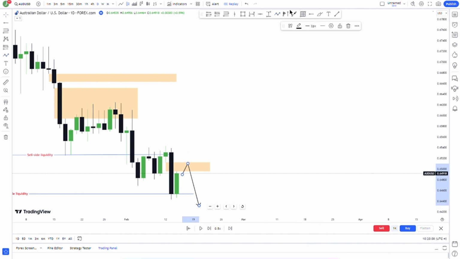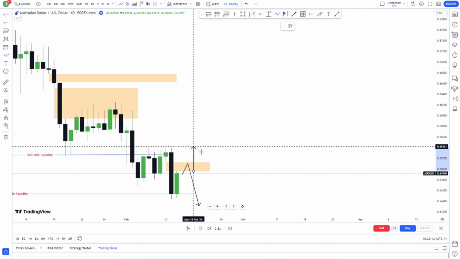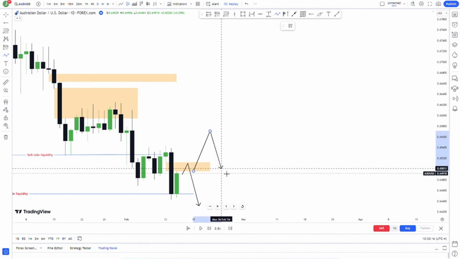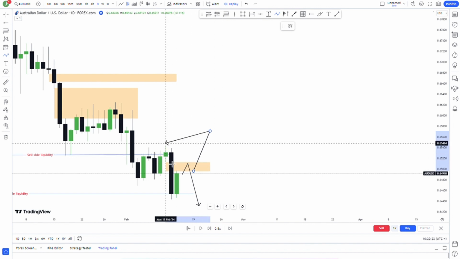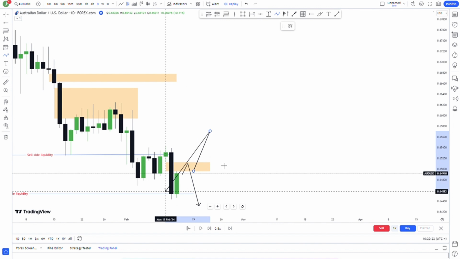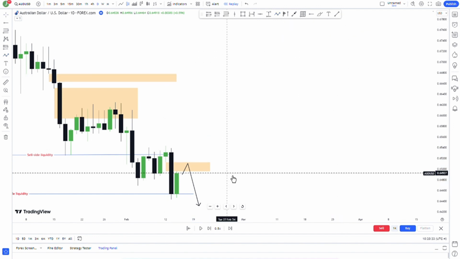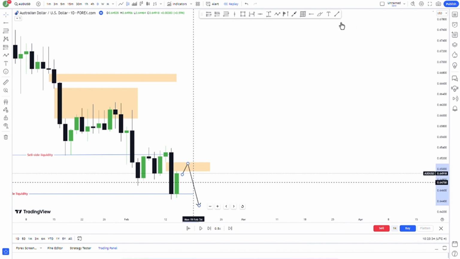Or if it doesn't sell, we would want to see the market break this previous high to then come and retest on any draw on liquidity that it has left inside this price leg, to then buy from whatever draw on liquidity we have inside the price leg.